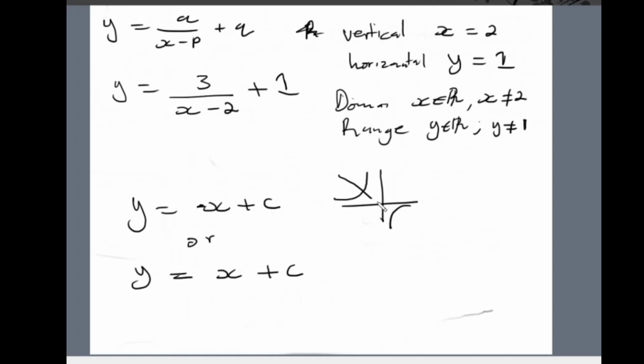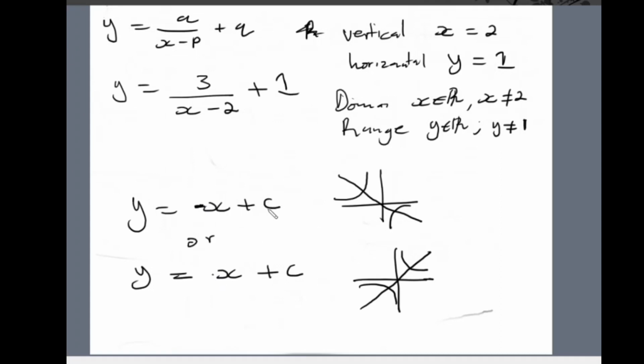It has a negative gradient, which means it's a decreasing function. And this one is for when your graph lies in the first and the third quadrant, right? Which means it has a positive gradient of 1, right? The gradient will either be minus 1 or 1 for these lines of symmetry.